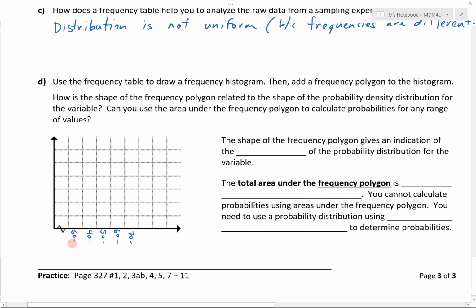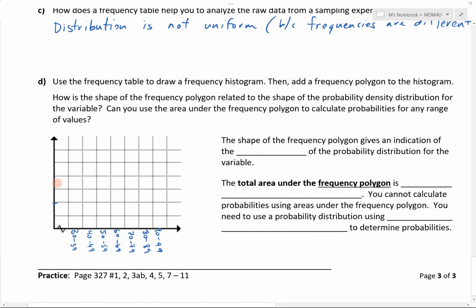So I'm going to go from 30 to 39, 40 to 49, 50 to 59, 60 to 69, 70 to 79, 80 to 89, 90 to 99, and we don't have any hundreds up there, but if we did, we could probably just make another one there, but we don't.